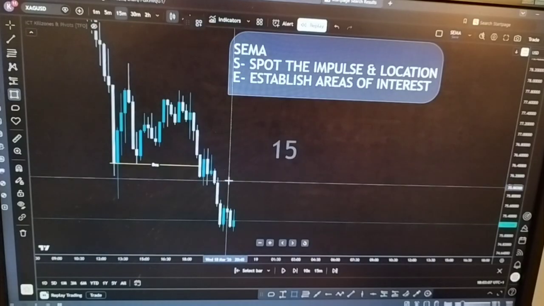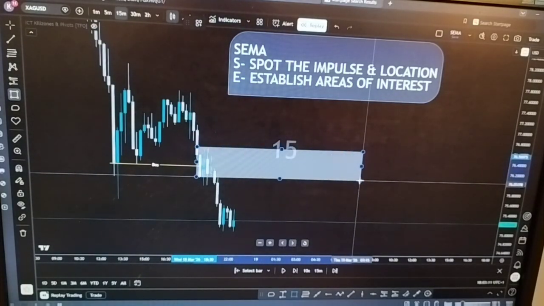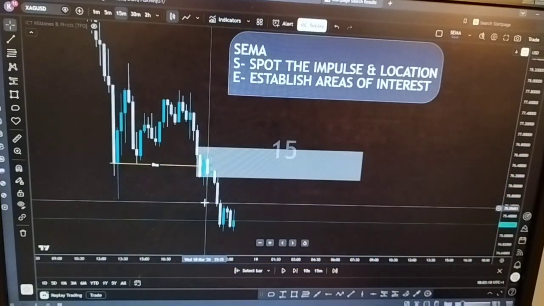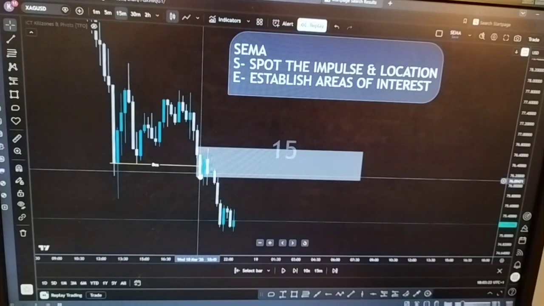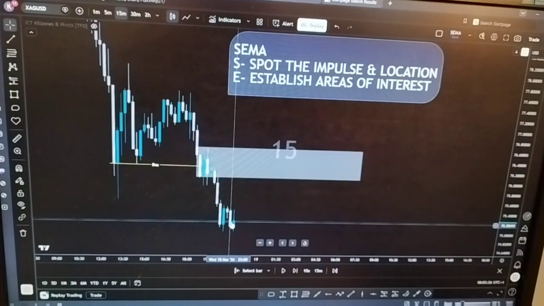The first is what I call the decisional area. This is the decisional area because this is where the market made decisions to continue the way down or to break the structure.